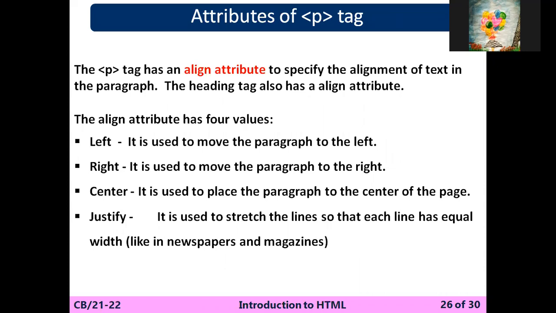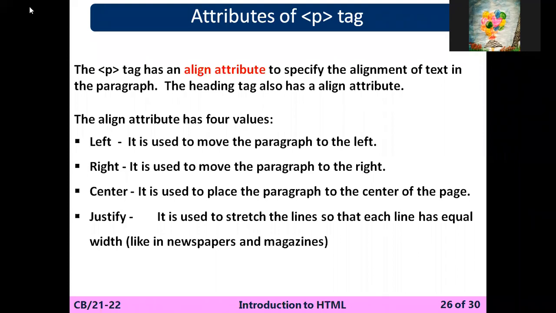The align attribute always has 4 values: left, right, center, justify. For any tag, if you are using the align attribute, there are only the 4 values: left, right, center and justify. Justify is only for the paragraph.